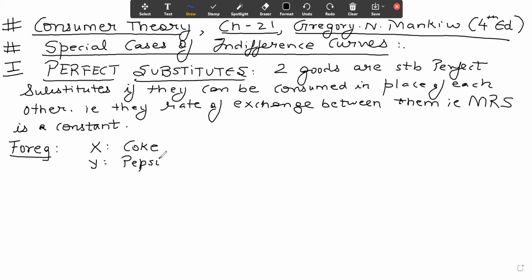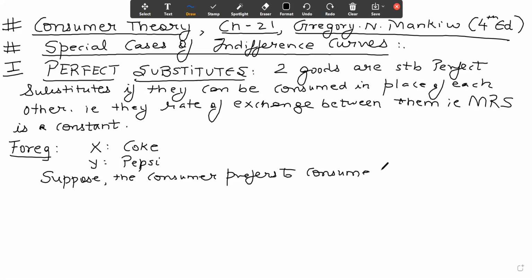Now, suppose the consumer prefers to consume 10 soft drinks. And you can see the soft drinks here are Coke and Pepsi.